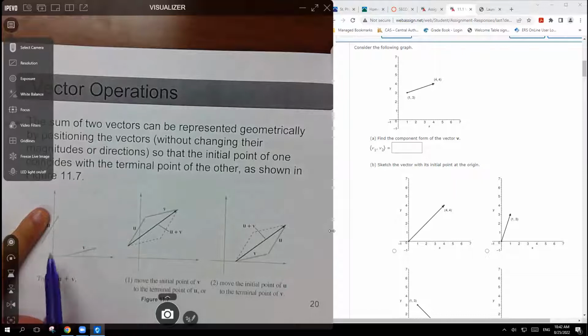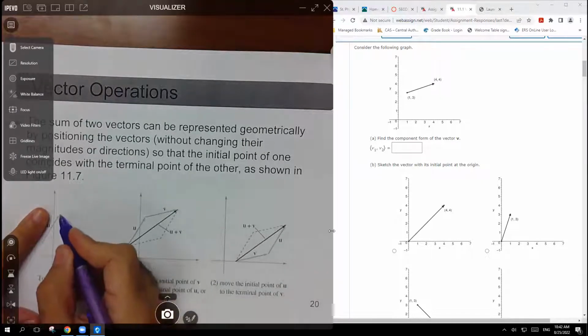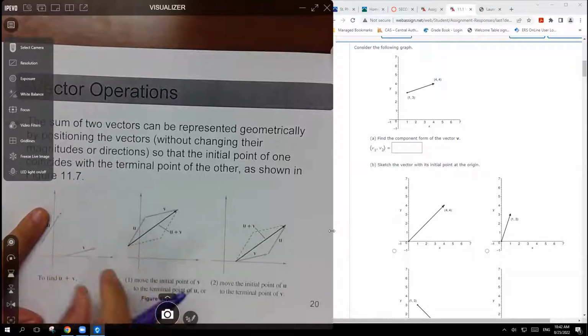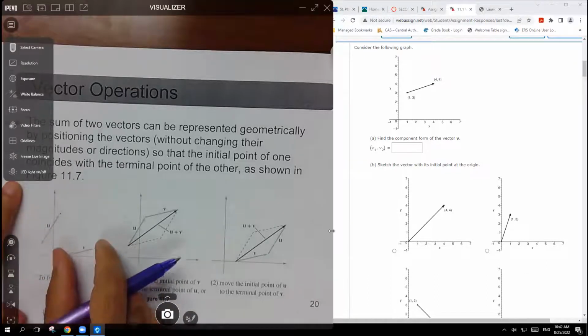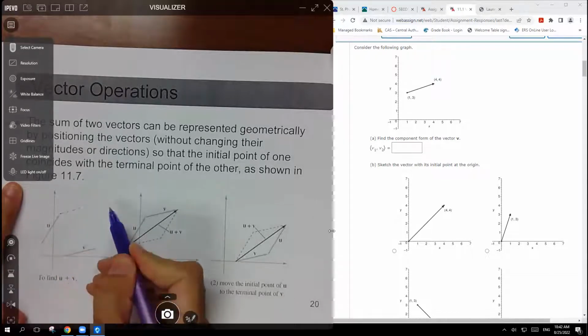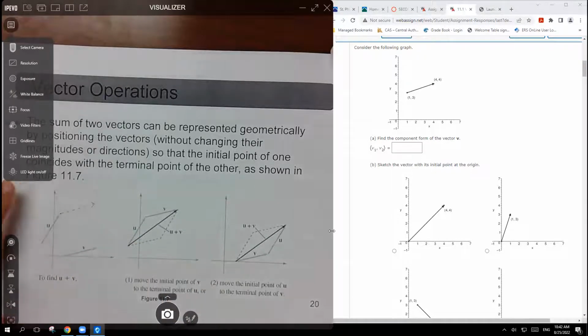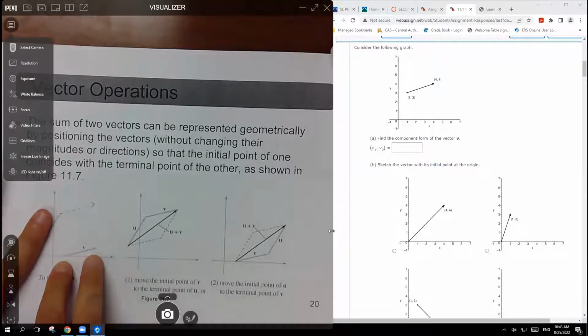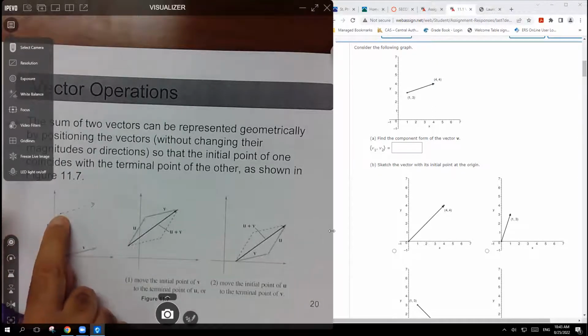I'm going to fix the U and write down the V from here. You see, this V is going to go here. That's how we're going to find the sum: fix one of these vectors and move the second vector to the terminal point of the first vector.